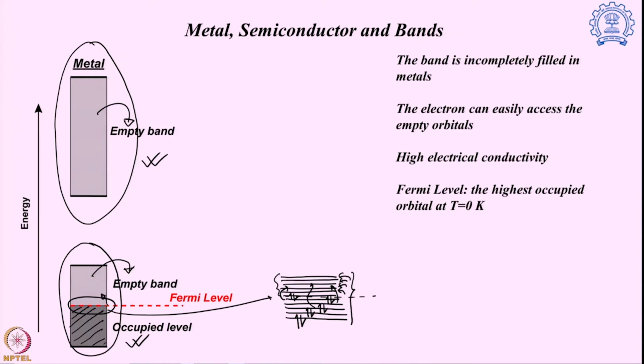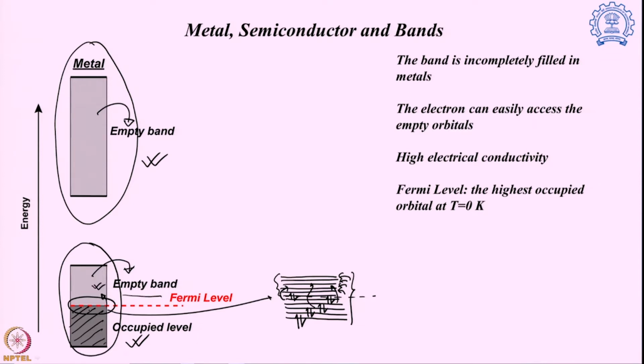That is why we see very high electrical conductivity in metals, because they always have half occupied band structures, where the occupied section of the electrons can travel very easily to the empty part.